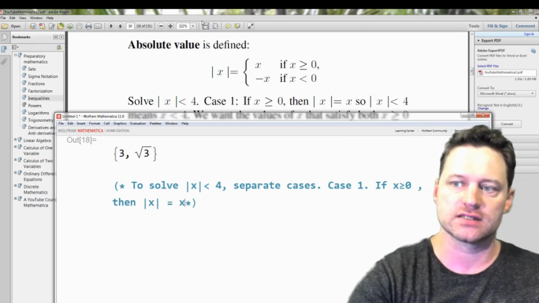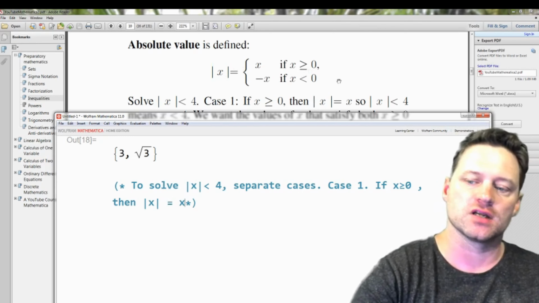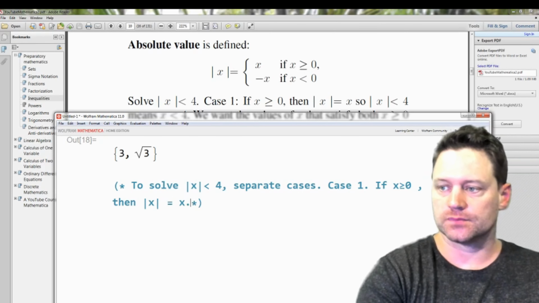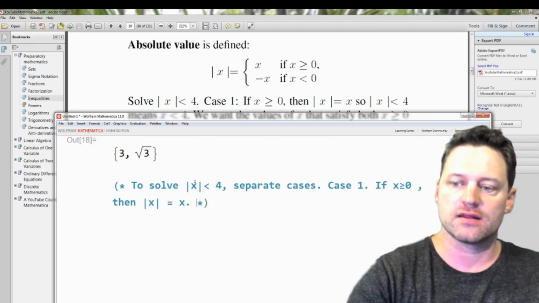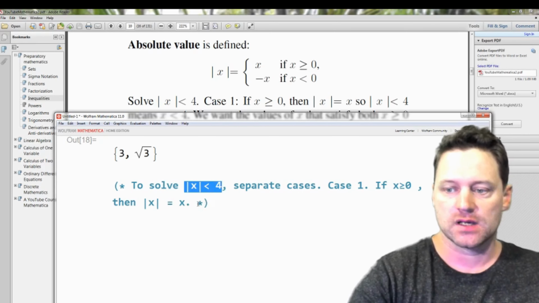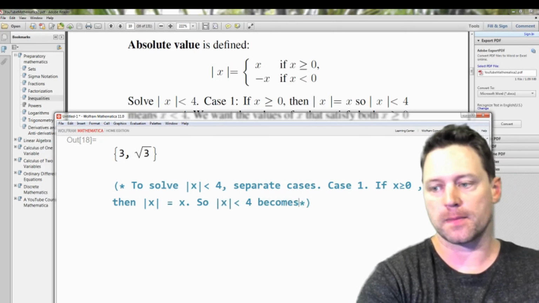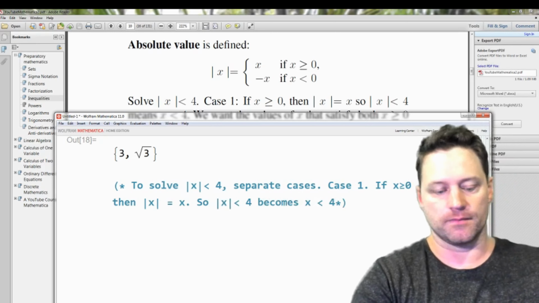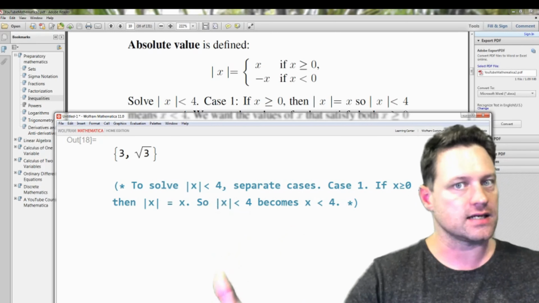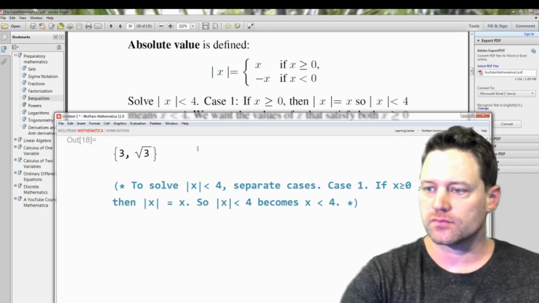What I'm doing is just taking the definition. And so what does that mean? When we're looking at this inequality, this becomes just x is less than 4. So that's that case, x less than 4. Solved. But there's another case.